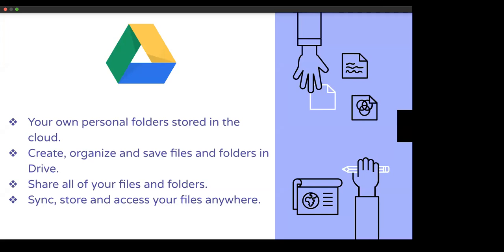They'd have to open it from the email, save it, make their changes, save it, attach it to an email, and send it back to me. We don't have to do that anymore with Drive being cloud-based. We can just share our files and documents with each other and make those changes in real time. And it's syncing and storing those files so that we can access them anywhere.